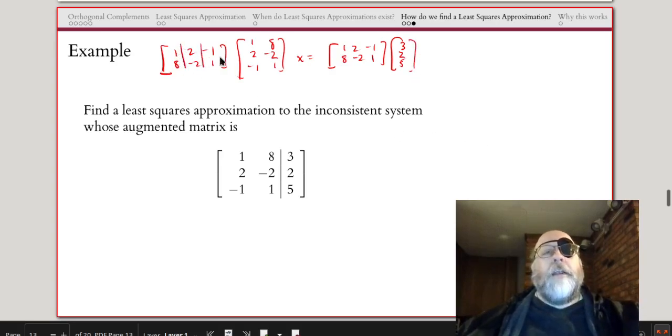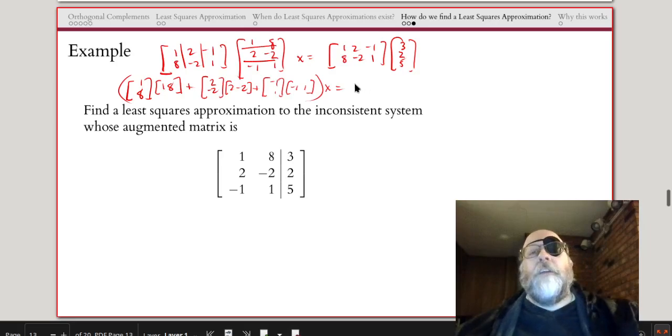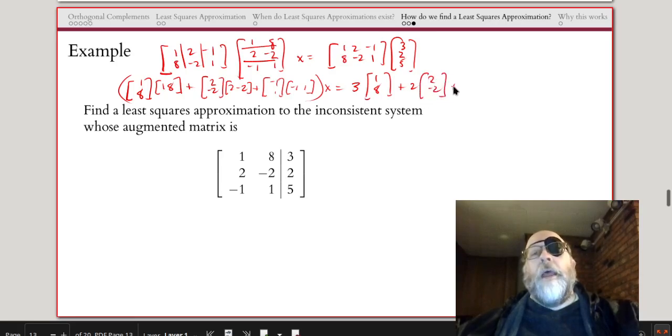The left side is a column row rule problem. So this is [1; 8] times [1 8] plus [2; -2] times [2 -2] plus [-1; 1] times [-1 1]. And the right side is just a linear combination: 3 times [1; 8], 2 times [2; -2], and 5 times [-1; 1].